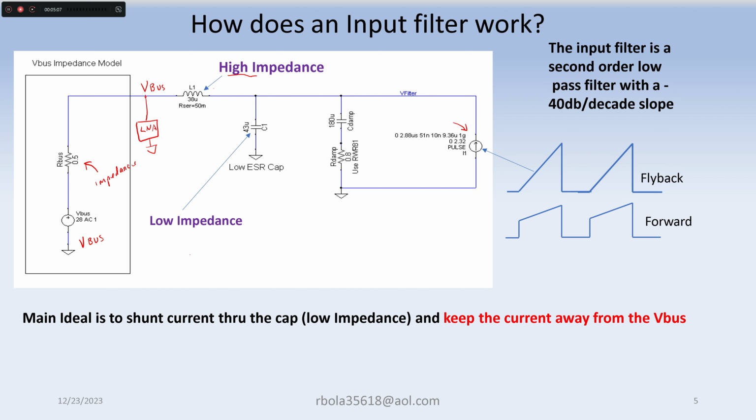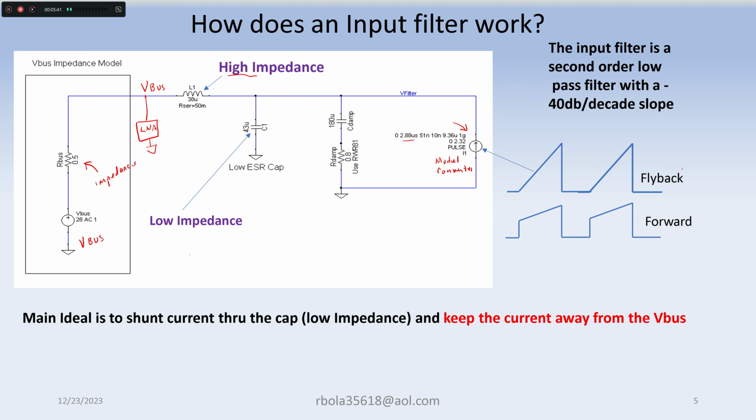Okay, so here I'm using a current source, and I'm using this to model your converter. And you can define the rise time, the on time and the off time, and so forth, and you can mimic these waveforms.